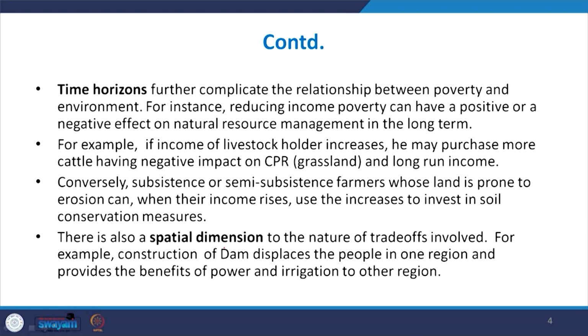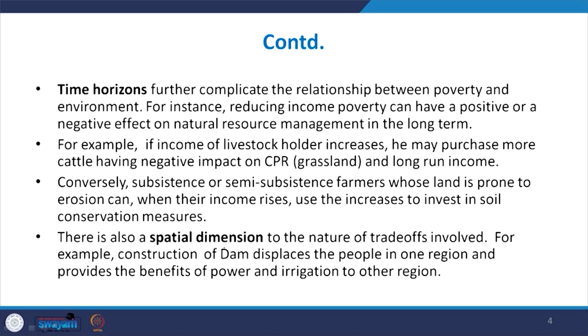But at the same time, opposite view is that when the income of a person increases, say poor farmer's income increases, he may invest in land conservations, land leveling and land improvement, and for that environmental improvement may increase.